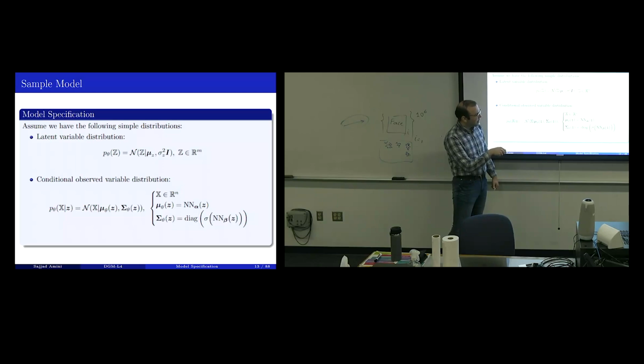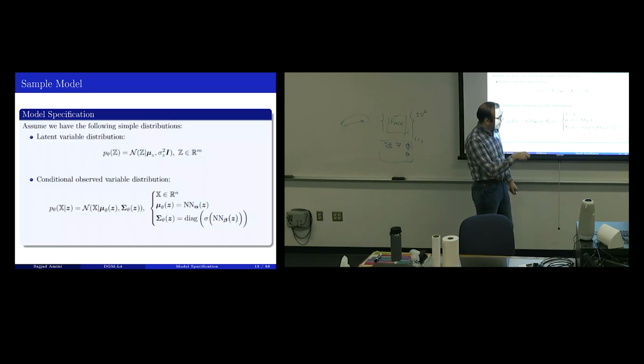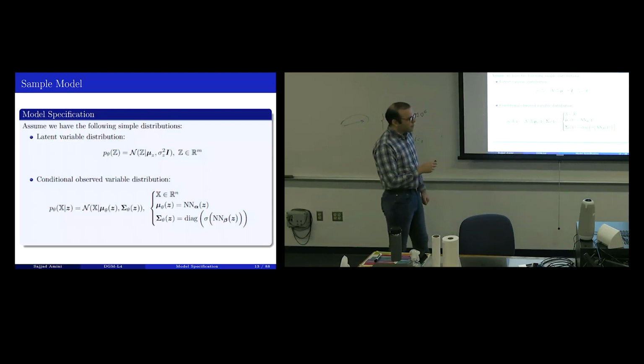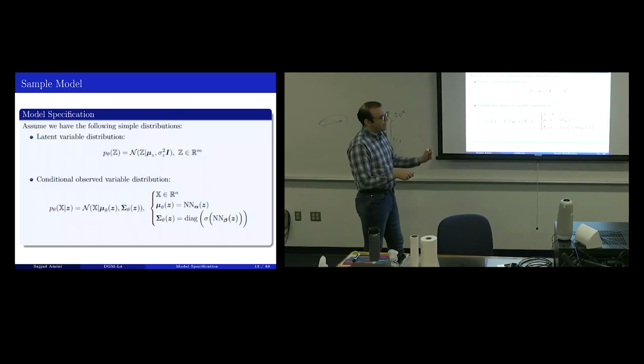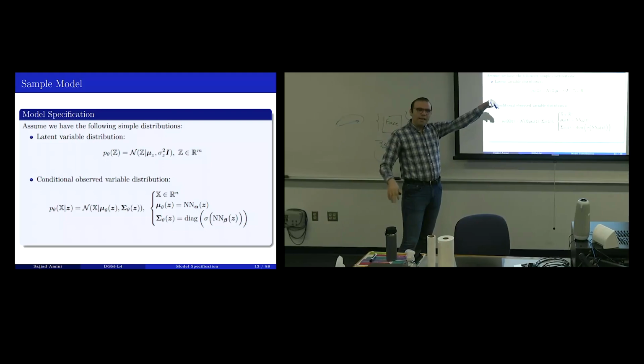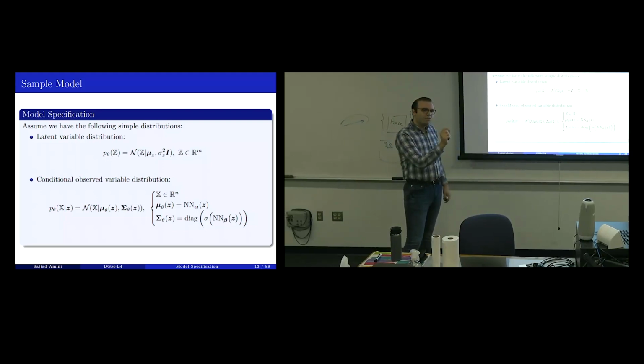There is also another neural network with parameter beta. If you input z to that network, it goes through the network and generates a vector, and this vector goes through a sigmoid to guarantee that the resulting vector is positive, and then the diag of that positive vector is the covariance matrix. We need the covariance matrix to be diagonal, and each element on the main diagonal to be positive because it's a variance.